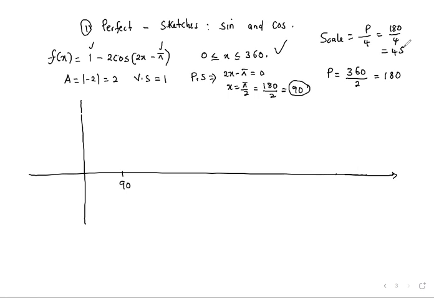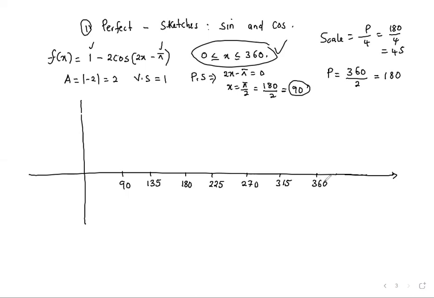So 90 plus 45, 135. Plus 45, 180. We'll keep adding until we get to 360 because the interval says up to 360. So add to be 225, then 270, to be 315, and then 360.